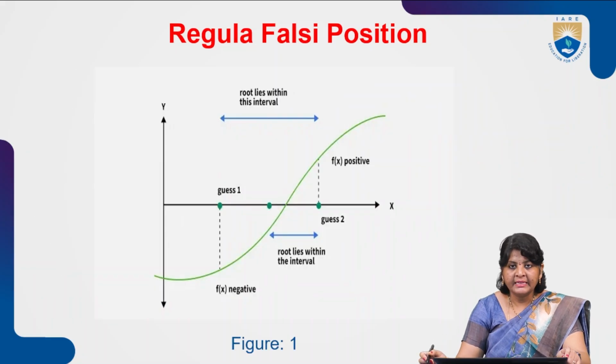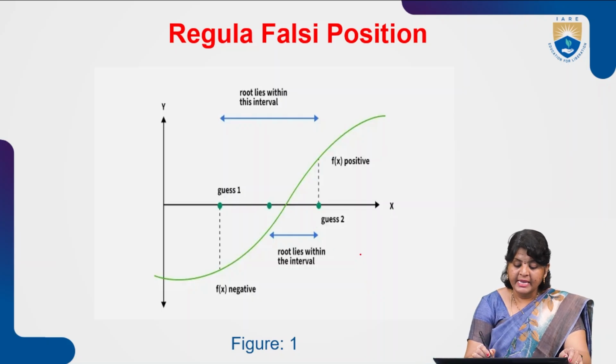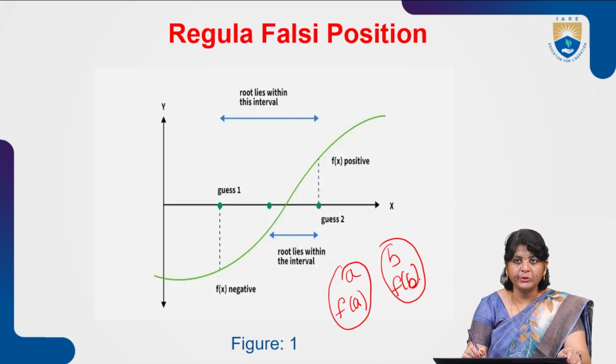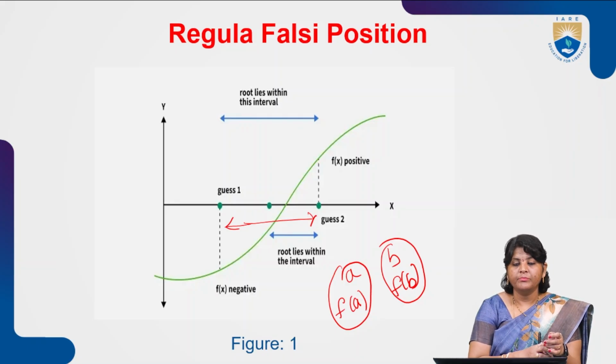So here is a graph for Regula Falsi position where a needs to be calculated, b needs to be calculated, and then we need to find a point, a into f of a and b into f of b, and then the root lies in this interval. Wherever it bisects, that is the point of interest.